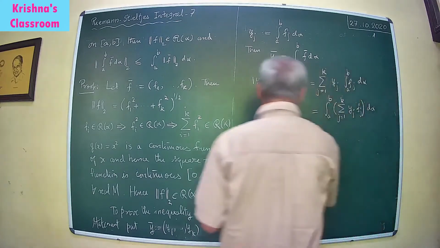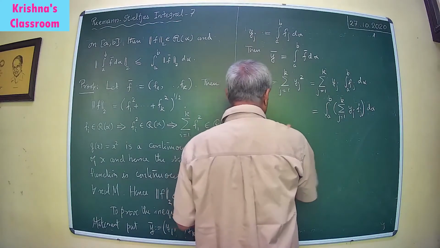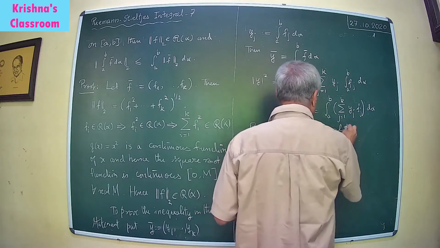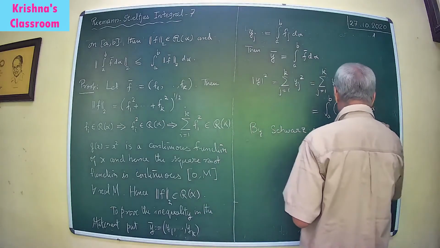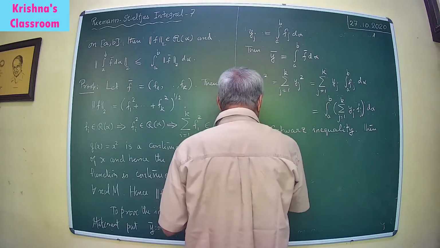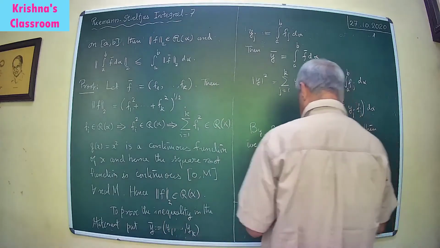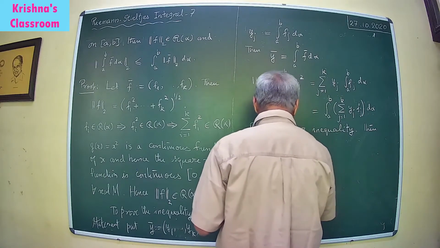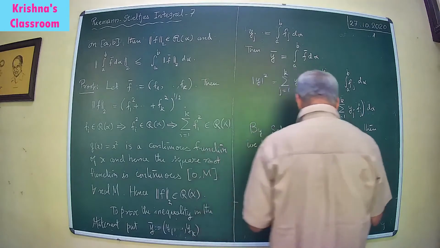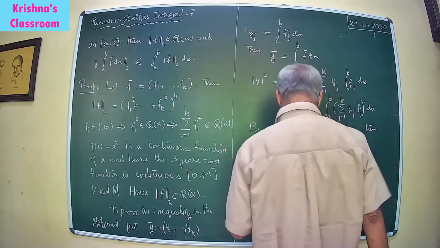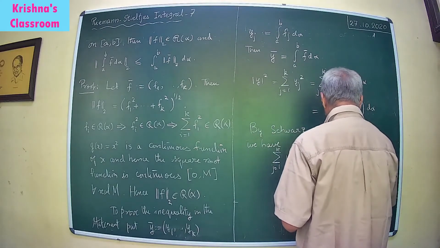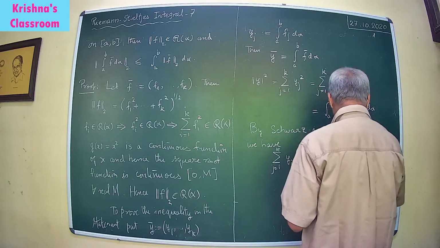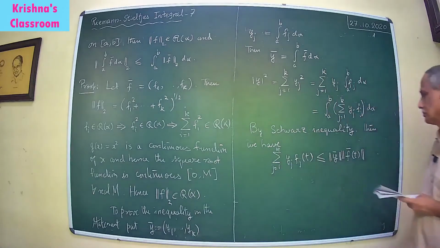We apply the Schwarz inequality. Then we have sigma, and this is less than or equal to the norm.